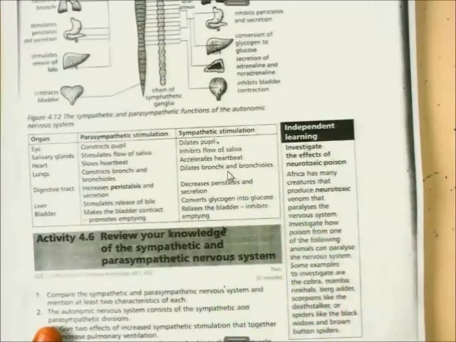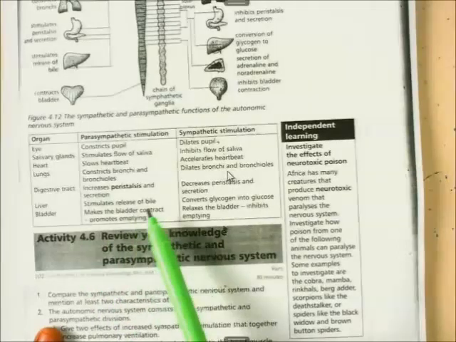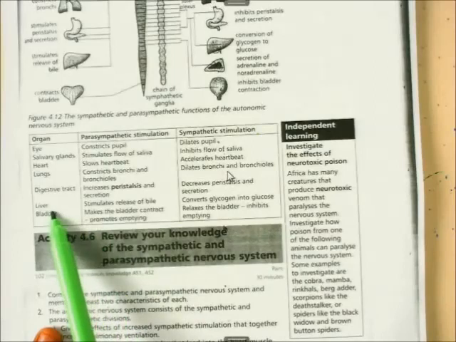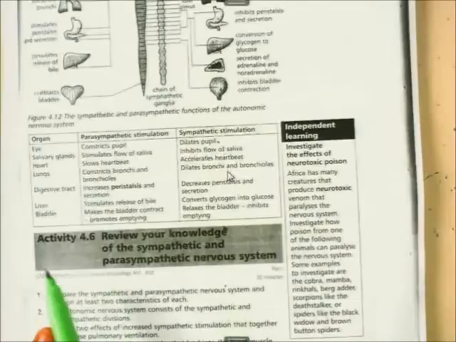And then another organ is the liver. The parasympathetic stimulation will stimulate the release of bile, and then the sympathetic stimulation will cause the bile not to be secreted. And then the organ again is the liver.